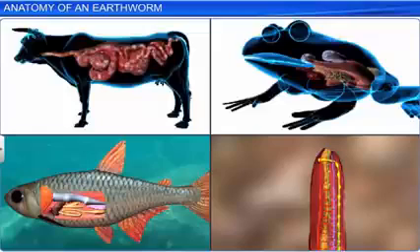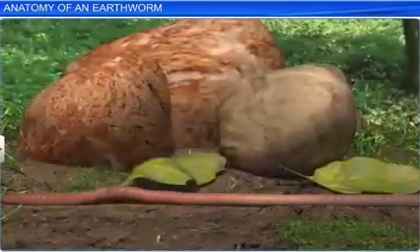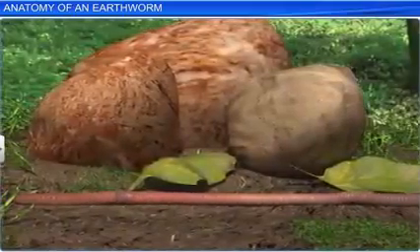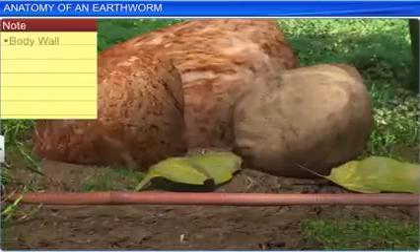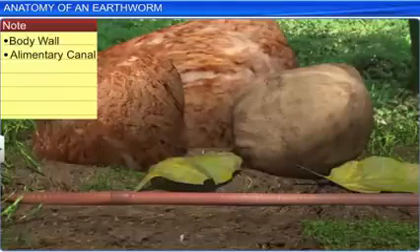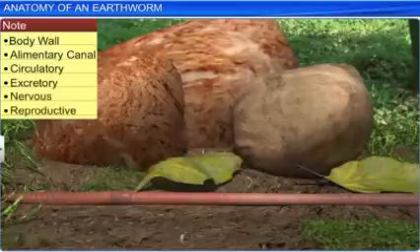Anatomy refers to the study of the internal structures or organs of an organism. Let's take a look at the anatomical features of an earthworm, such as the body wall, the alimentary canal, and the circulatory, excretory, nervous, and reproductive systems.